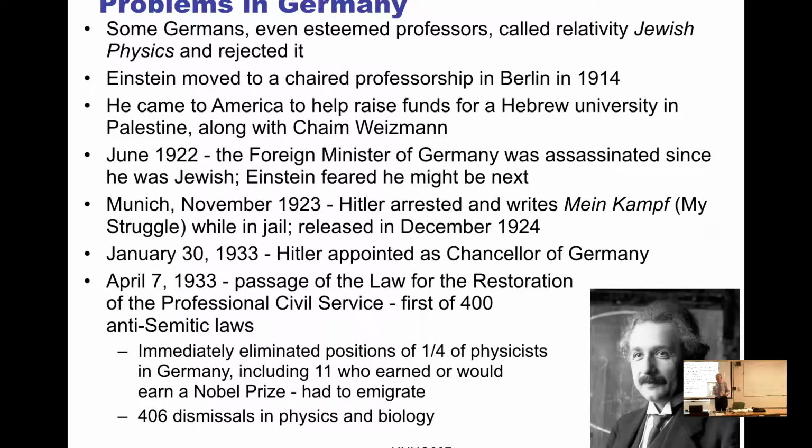So Einstein became the most famous scientist in the world. And this whole business of quantum mechanics, relativity, radically new concepts in the world of physics. And it was, for example, Einstein, a Jewish physicist, who was pushing this.